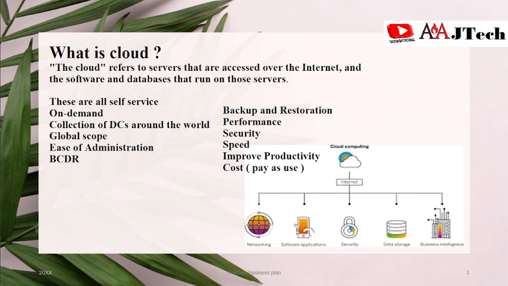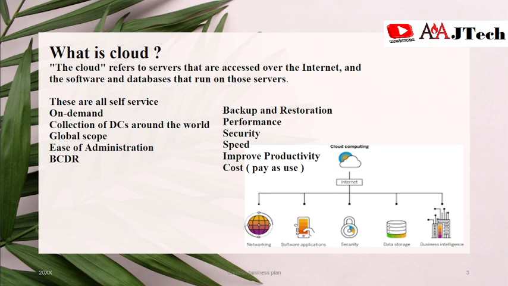So, what's the other benefit? A collection of data centers around the world. In the cloud, we have data centers everywhere. I will put links to the availability zones, the data centers, the regions, and the countries where the Azure cloud data centers are available in the description.